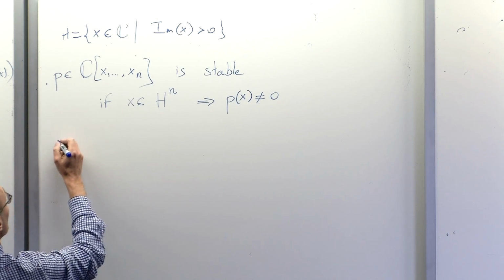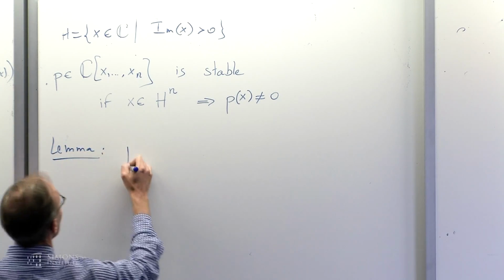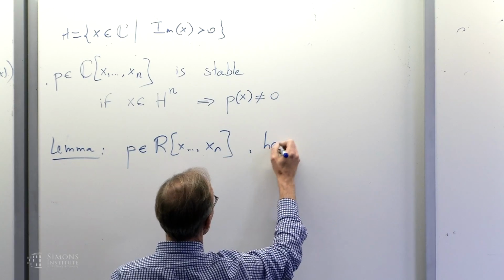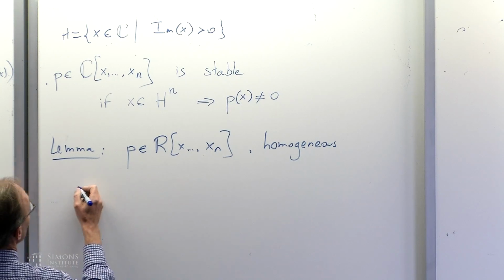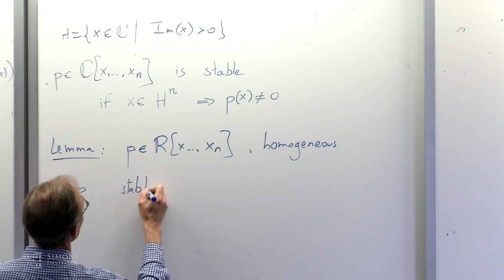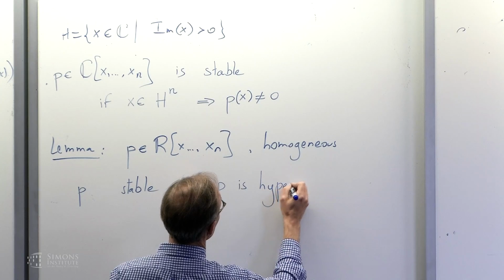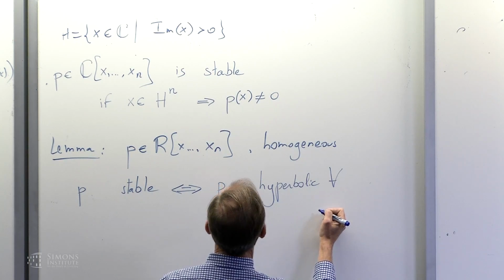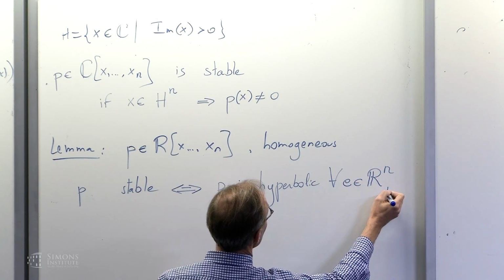And so if you have a polynomial p that is real and homogeneous, then it's going to be real stable if and only if p is hyperbolic for all e which are non-negative.